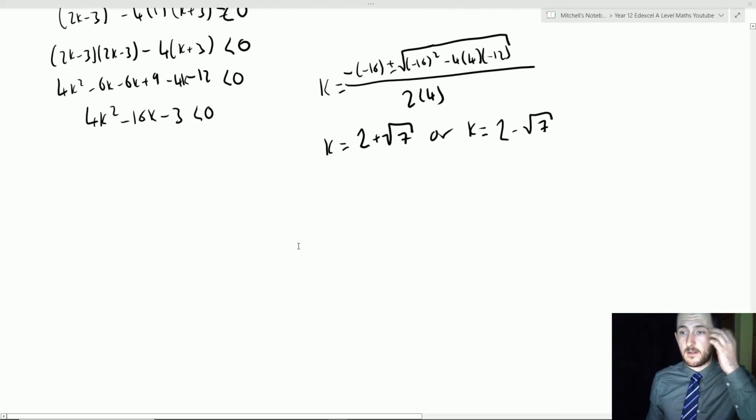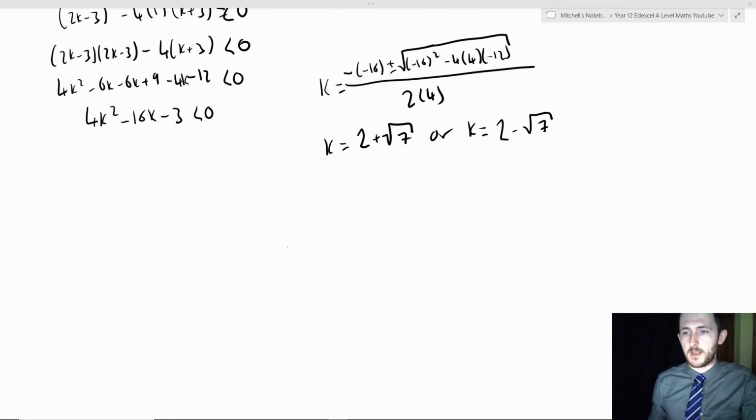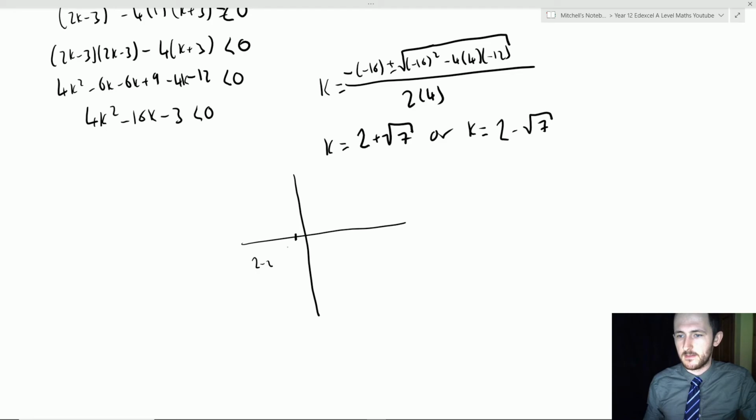Now we need to work out which way it is going to be. Now you might be noticing a pattern, some of you, that are fairly on it. But if you're not, then just keep drawing it out. 2 minus root 7's over here. 2 plus root 7 would be equally distant away, but actually it wouldn't. It would be slightly further away.